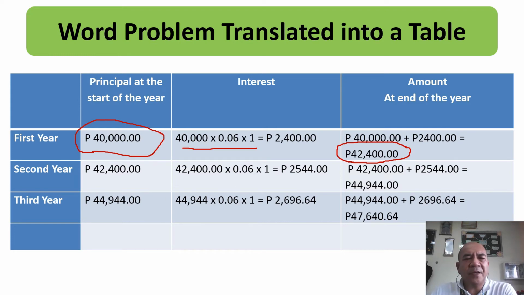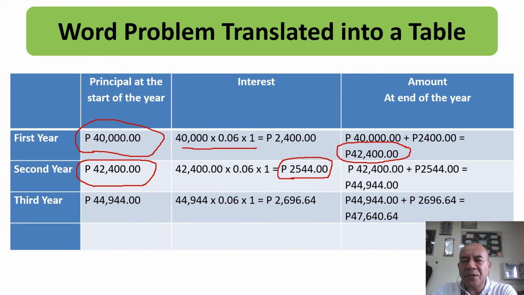Now, during the second year, your money becomes 42,400. And to solve for the interest, the same interest, 42,400 times 0.06 times 1 is equivalent to 2,544. So the interest is increasing.